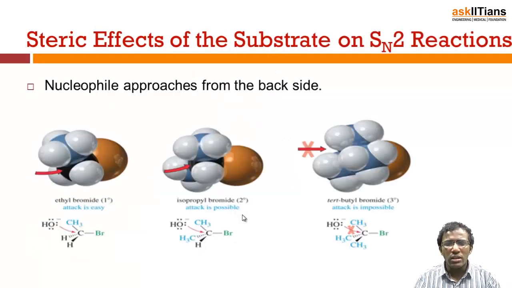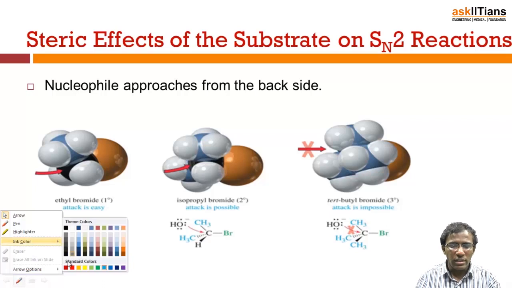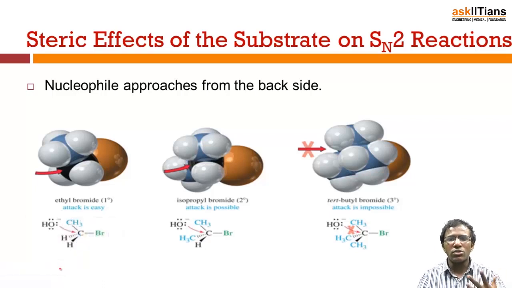So let us see the steric effects of the substrate on SN2 reactions. In SN1 the stability of carbocation and solvation effects are important, whereas in SN2 the steric effects of the substrate are very, very important.